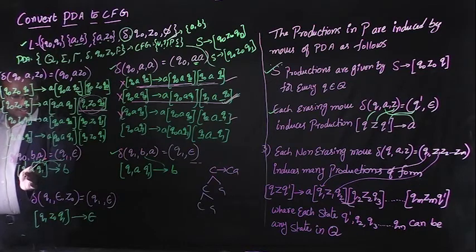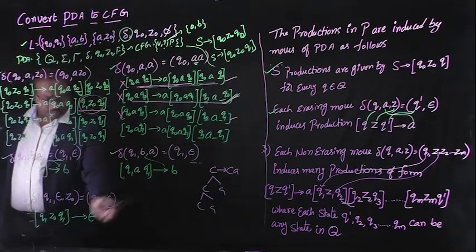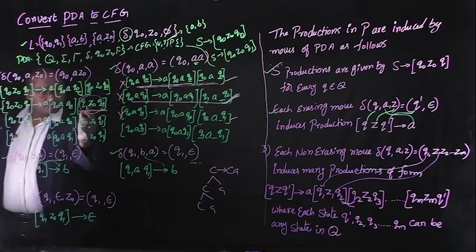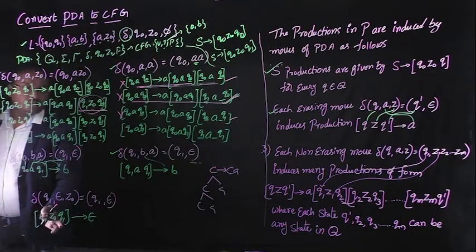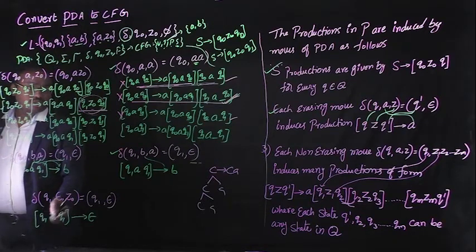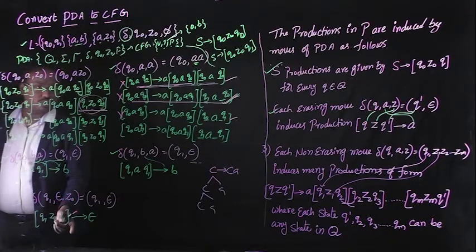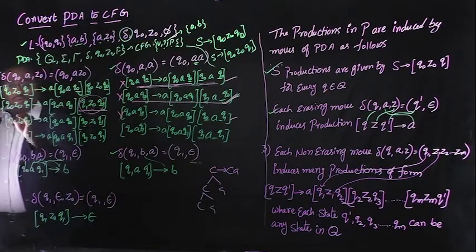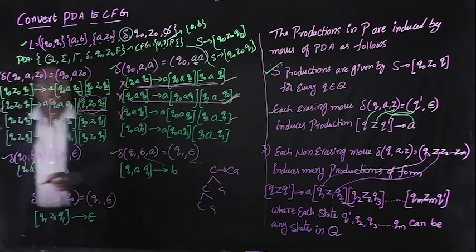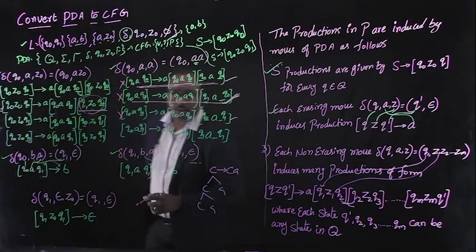Here [Q naught A Q1] and [Q1 A Q1] don't have any either. For [Q1 Z naught Q1] there is only a Q1 production, but [Q1 Z naught Q naught] has none, so it is removed from the production rules list.